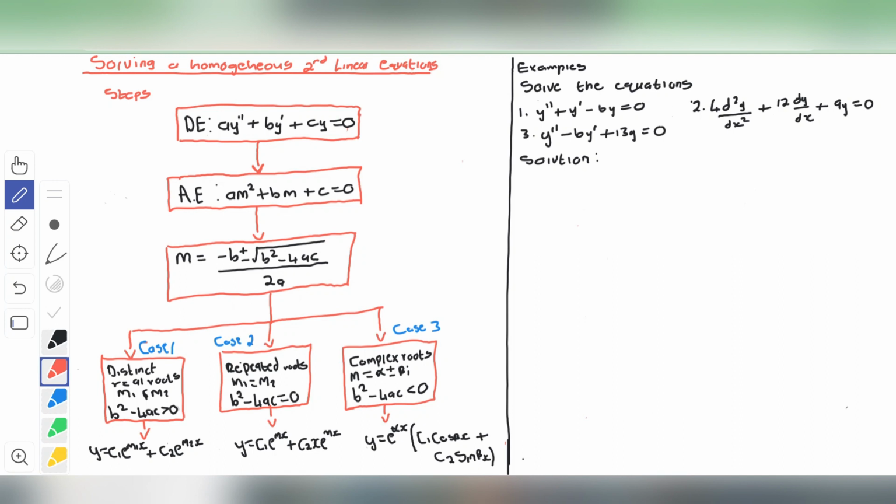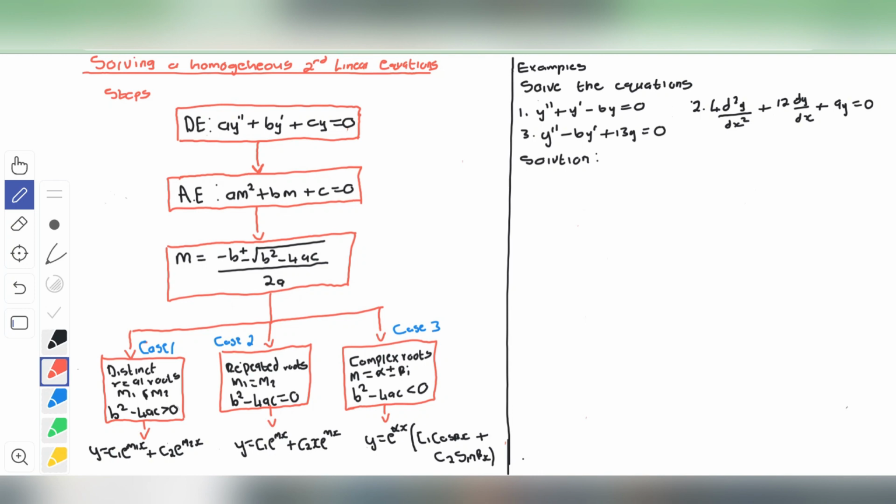From case 1, if you calculate b squared minus 4ac and you get a value which is greater than 0, this is the formula that you're going to use, which is y equals c1 multiplied by e to the power of m1 x plus c2 multiplied by e to the power of m2 x. We use this formula whenever b squared minus 4ac is greater than 0, whereby we'll be having distinct real roots m1 and m2. This is our case 1.